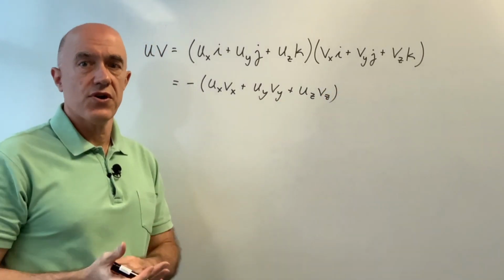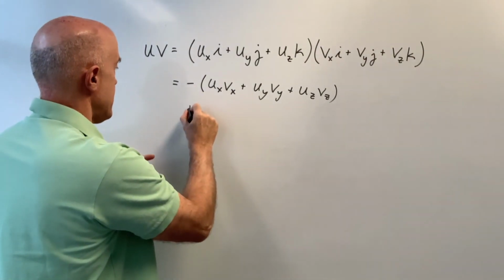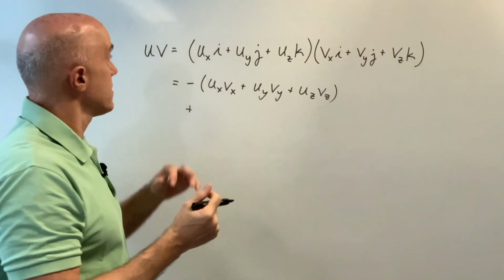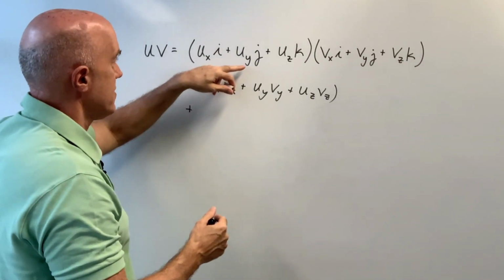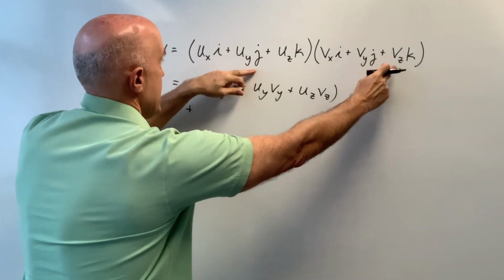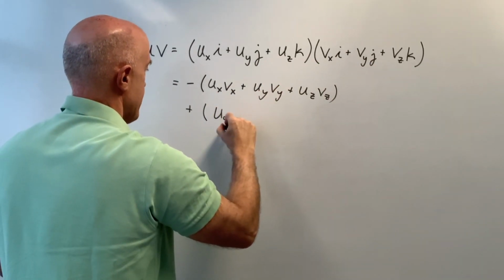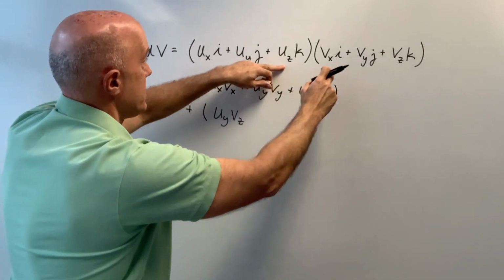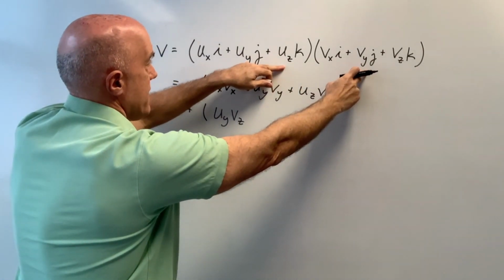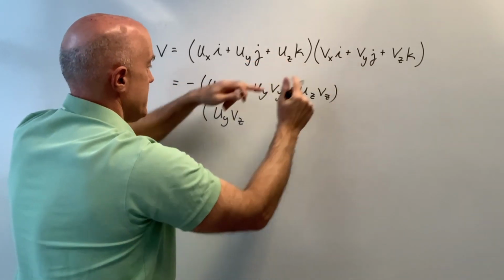Then the cross terms give us the imaginary part. So to get the i part, we need to multiply j times k. So we have a j times k here, so plus a uy vz. And then a k times j gives us a negative i, so we'll have a minus uz vy.